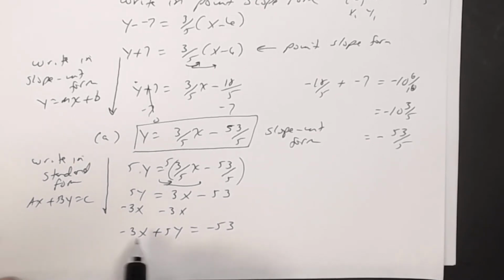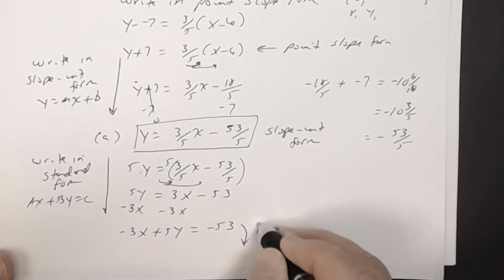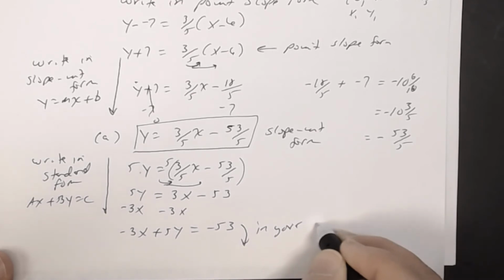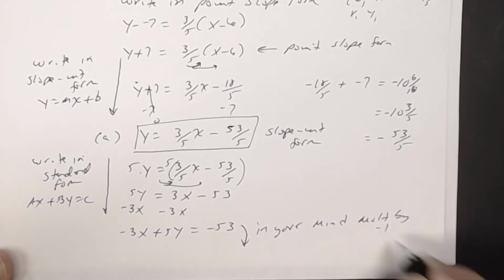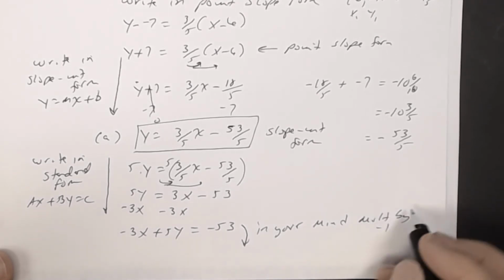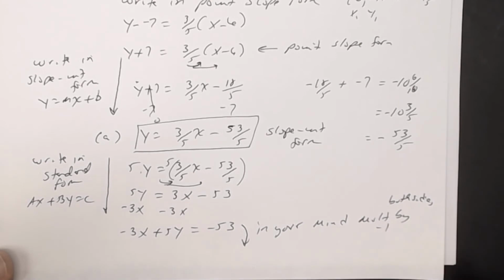Now remember though, that's not standard form because you need the coefficient of x to be positive. So what we're going to do is multiply both sides by -1. You can skip writing that out; in the previous three problems we actually said multiply by -1, but in your mind, multiply both sides by -1.